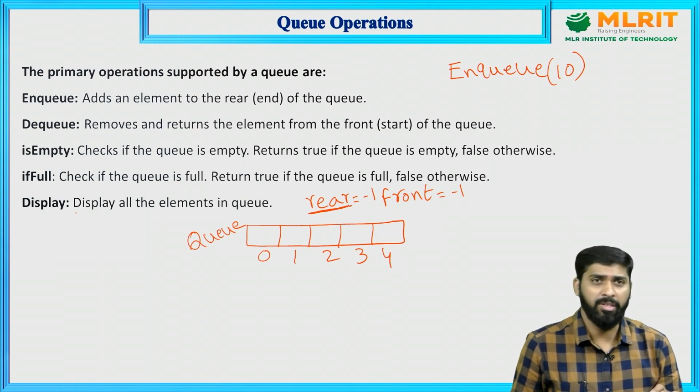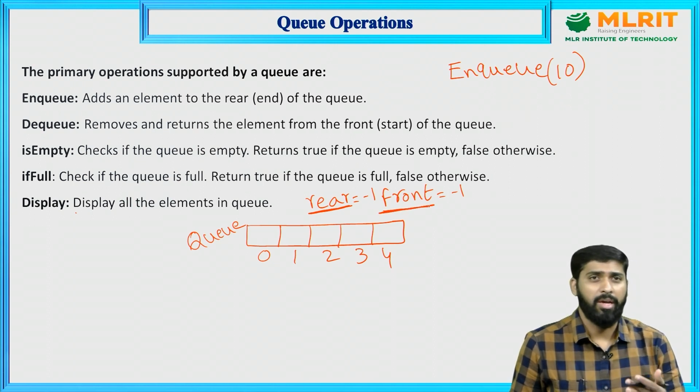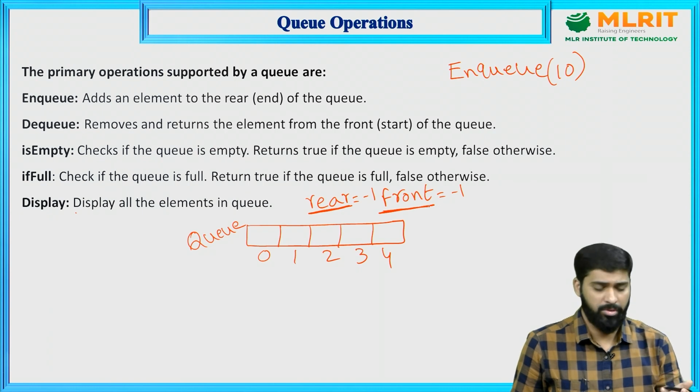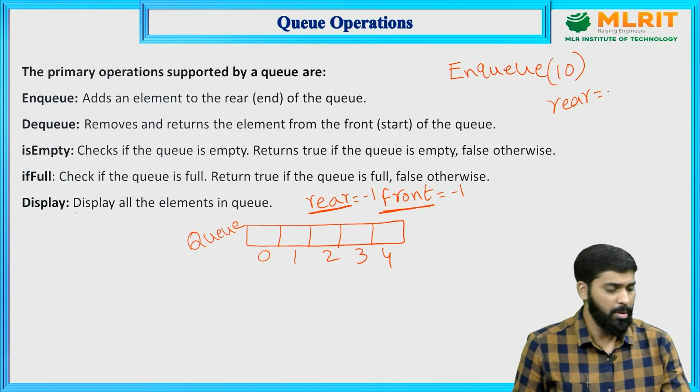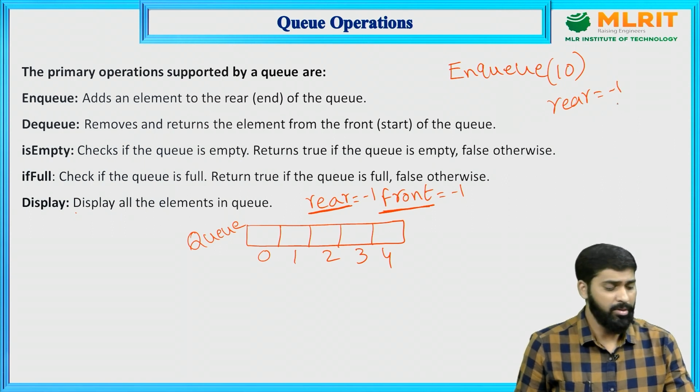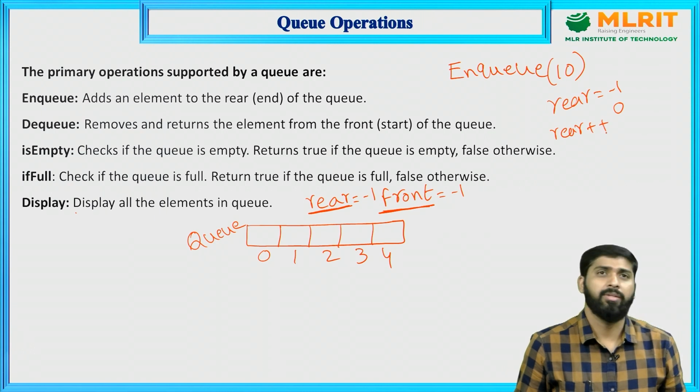All the deletions we are going to do with the help of front only. So now I want to insert, so increment the rear value. Initially rear equals -1. Now rear plus plus, so now rear becomes 0.